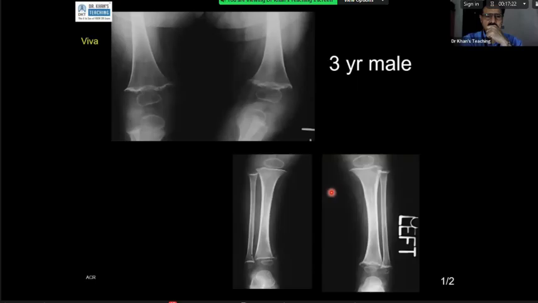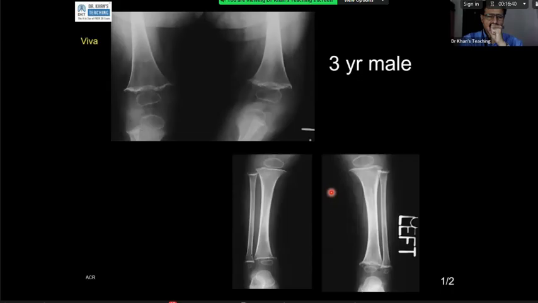There's also thickening of the distal femoral metaphysis, giving a Trümmerfeld zone adjacent to the Frankel line. These changes can also be seen in the tibia and fibula on both sides, right and left.